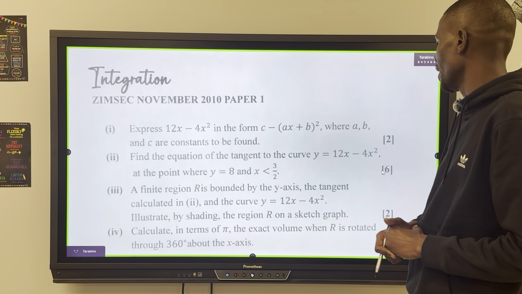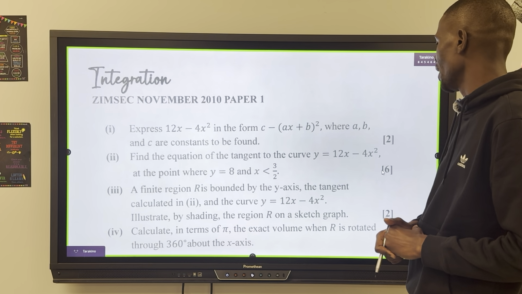So 8 equals 12x minus 4x squared, which gives 4x squared minus 12x plus 8 equals 0. If I divide by 4, x squared minus 3x plus 2 equals 0. The factors of 2 that sum to negative 3 give (x minus 2)(x minus 1). So x is equal to 1 or 2, and since x is less than 3 over 2, x equals 1. So we have the point 1 for x and 8 for y.